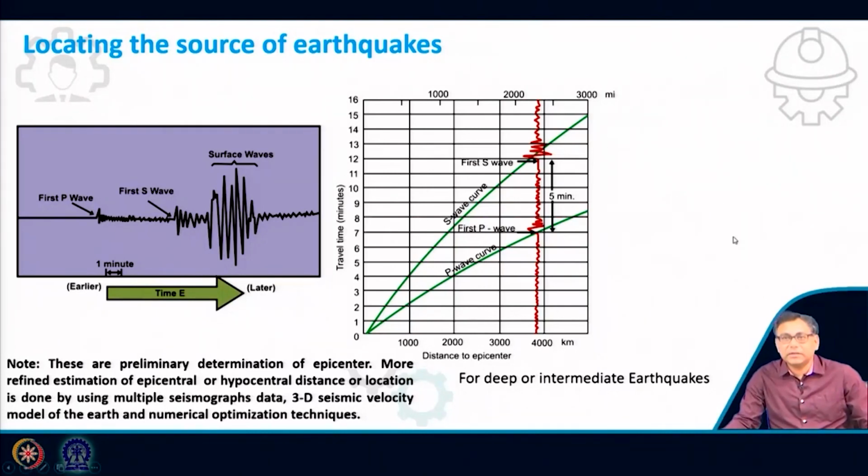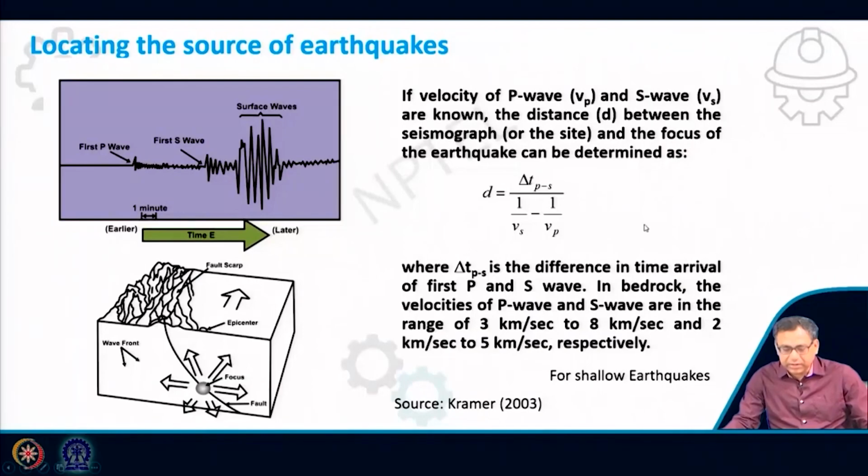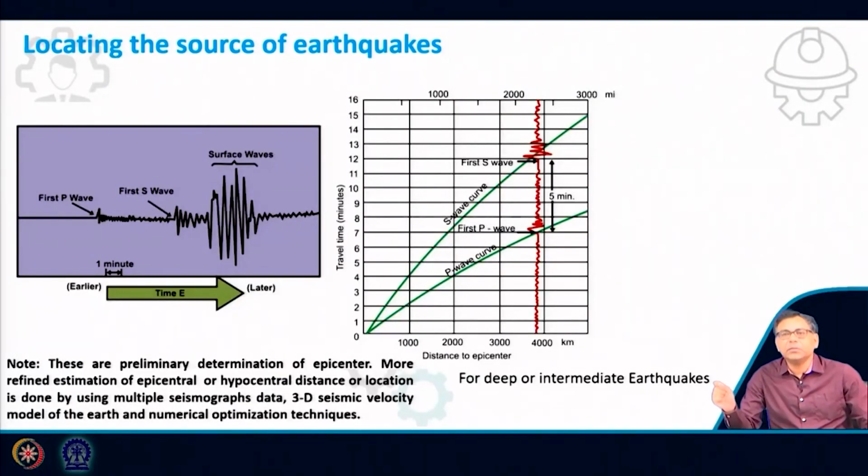But in all cases, if we take one seismograph data, we will get only the distance between the epicenter and the location, but we will not get the direction. So, to get the direction, we need at least 3 seismograph data to get the location of the epicenter, and that I have already discussed. But remember that these are preliminary determinations of the epicenter.